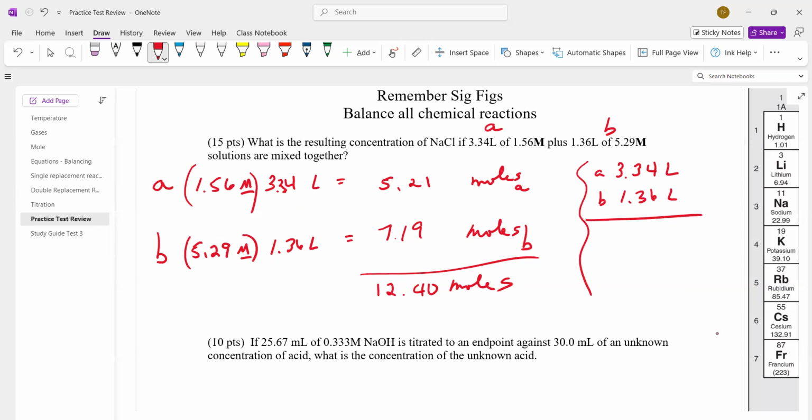Gotta put the right numbers in with the decimal point. Okay, so we're looking at 12.40 moles over 4.70 liters.